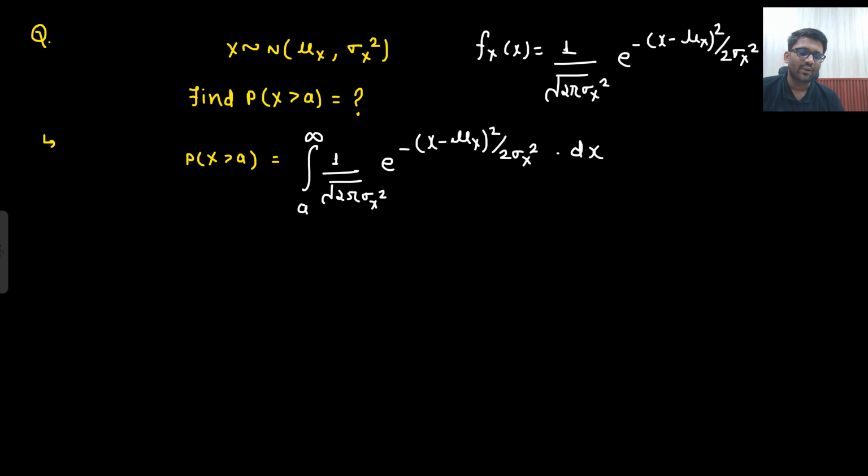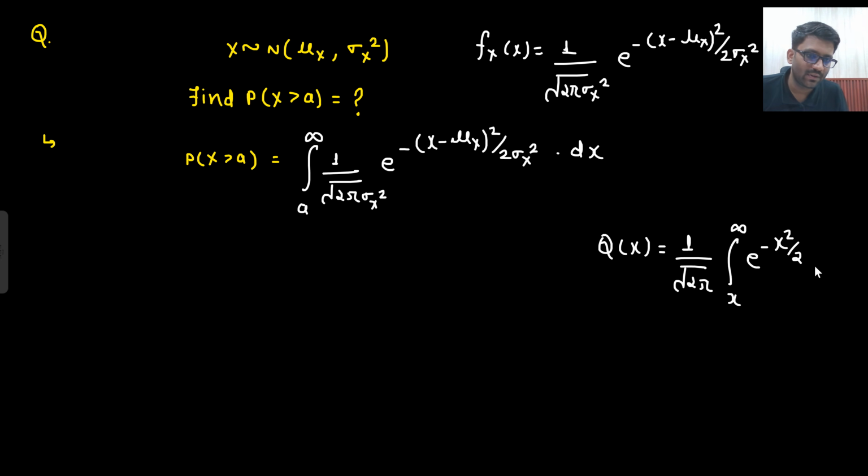What we studied at the ending of the last lecture? Q function. So try comparing it with Q function. What is your Q function? My Q function is 1 upon under root 2 pi, x goes from 0 to infinity, e to the power minus x square by 2 dx. This integration I need to compare with Q function.